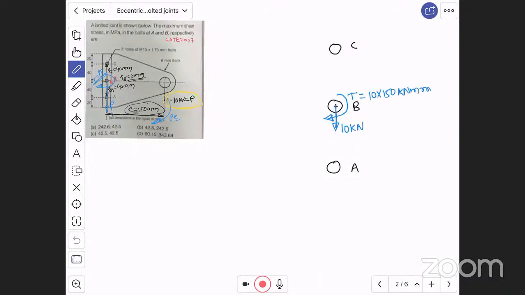Torque will be P into E in kilonewton mm. Units हमने same ही use किए हैं.